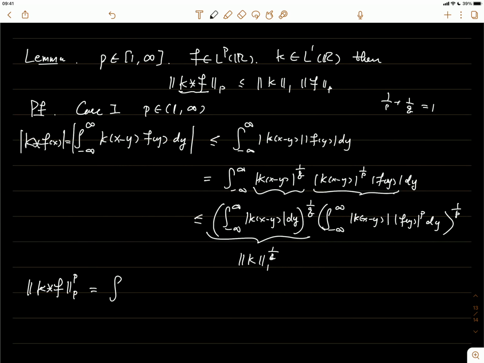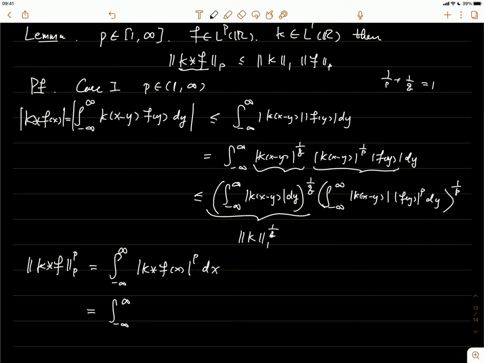This is by definition equal to the integral of |k star f of x| to the power p dx, right?